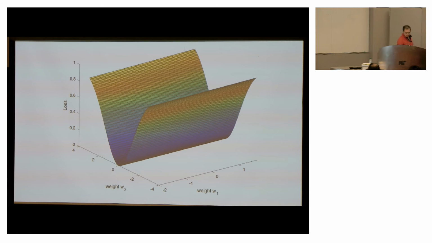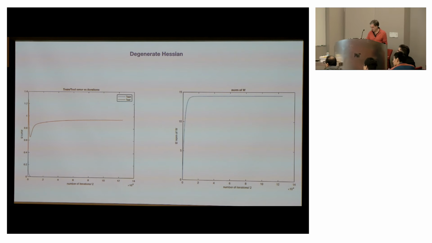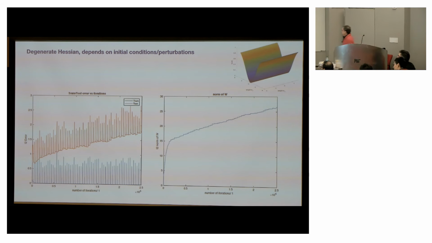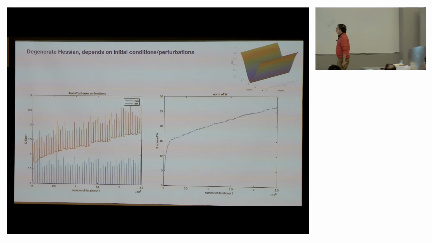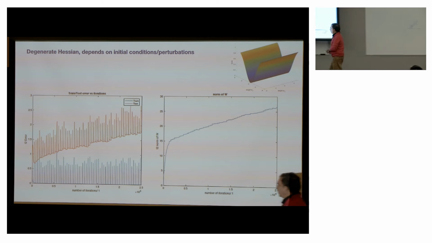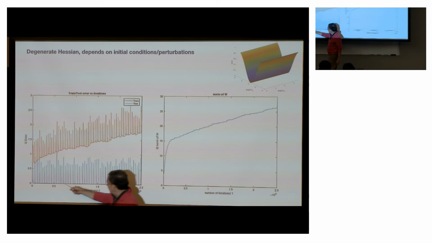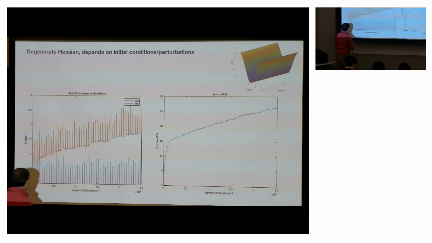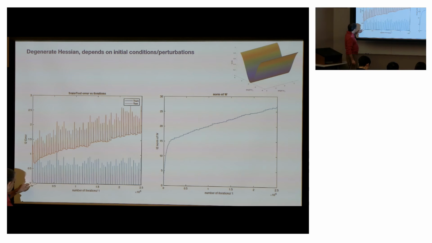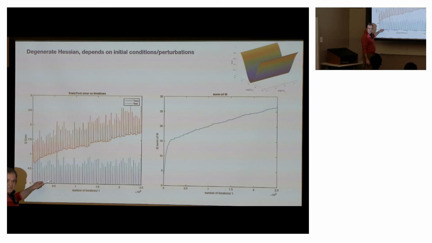And in fact, if you do this, what you see is two things. Let's start here. You converge, you perturb. The training error goes back to zero. Of course, the directions that are important for the error come back. The test error increases.